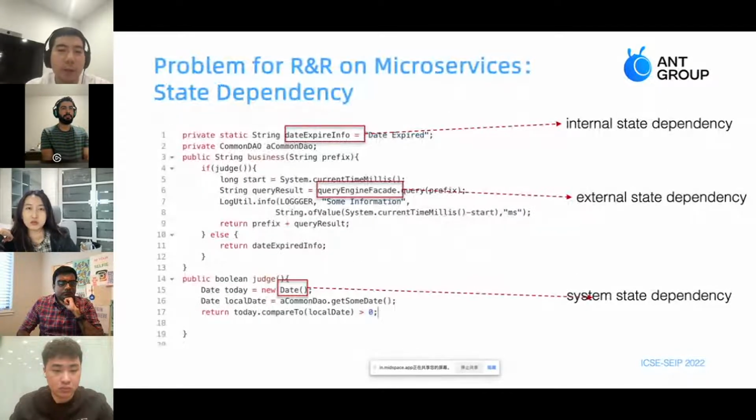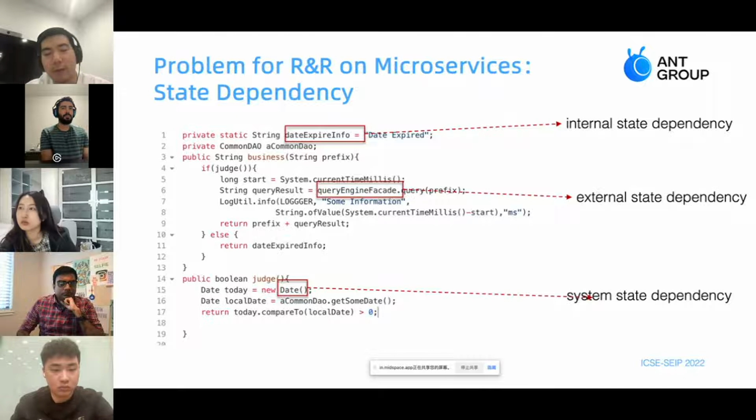Okay, but there are some problems with record and replay because there's some undecidability in the programs. This undecidability can make the same version of the microservice behave differently in the online environment and the offline environment.